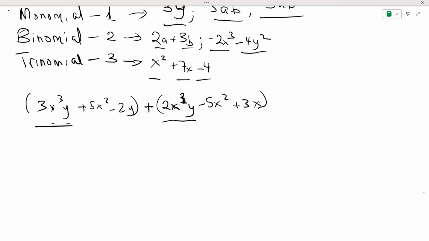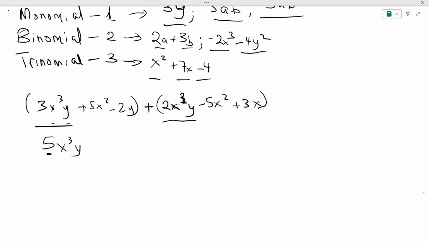So when you add 3x cubed y to 2x cubed y, we get a total of 5x cubed y. So we just have to add the coefficients.